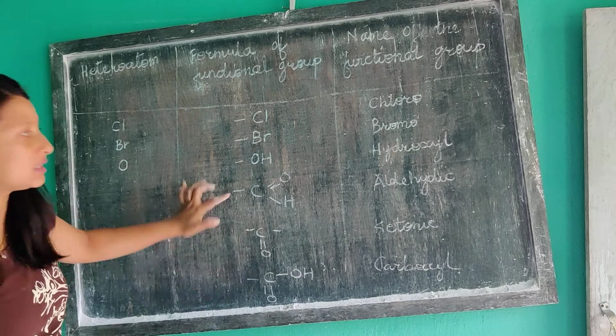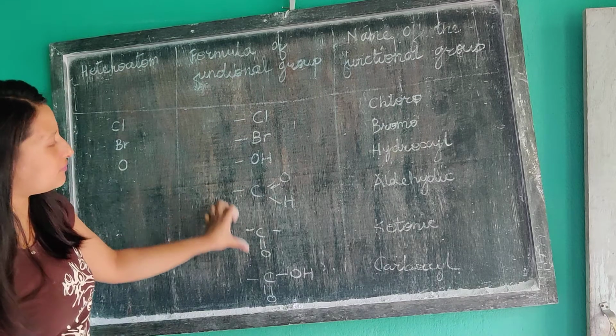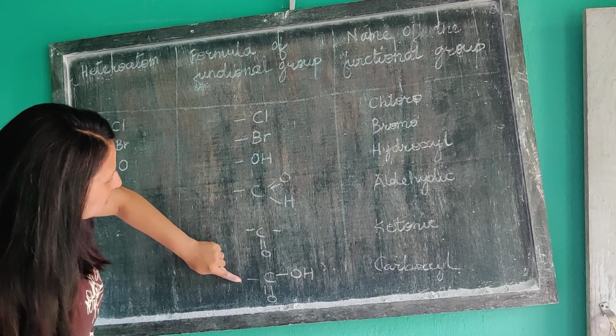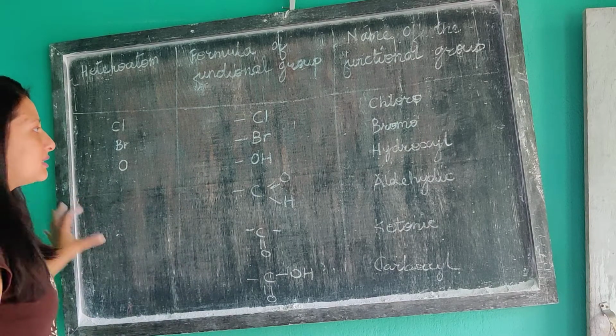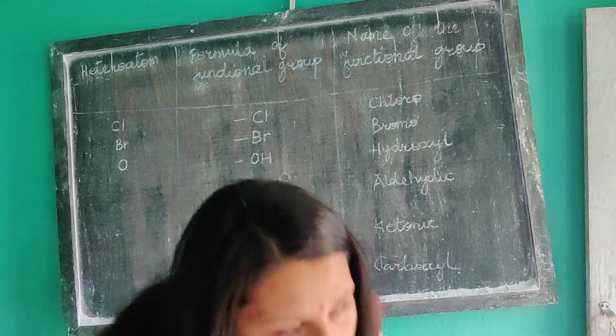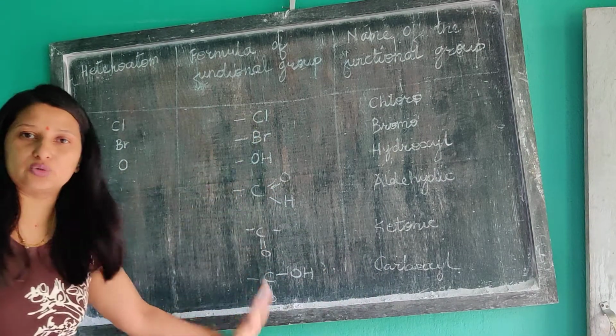ketonic and carboxylic group. Okay, now you can see that in the formula of the functional group there are single lines that are present. So what does this single line indicate? The single line indicates the free valencies of the functional group.